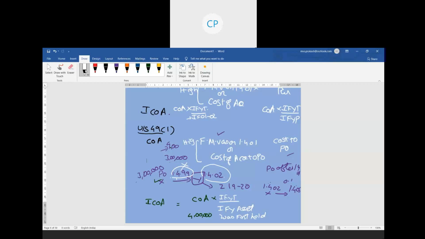When did the current assessee first hold the asset? It came in 2002. So I have to consider the index value for the year 2002 but not 99. That is as per the Income Tax Act. The index value is for the year in which the asset was first held by the assessee, not in 99, but in 2002. So I have to consider the index value for the year 2002 but not 99.